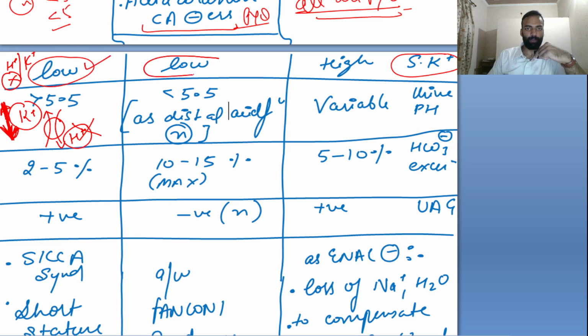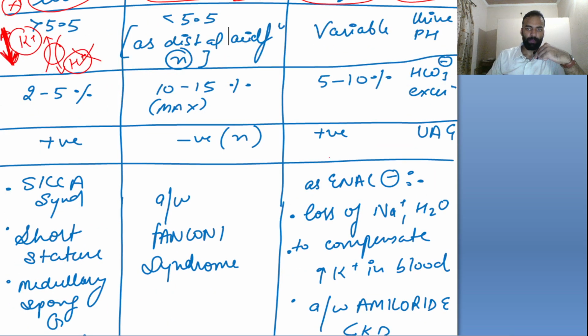And in type 2 also potassium is low. Why? Because it is a reabsorption defect, complete reabsorption defect. And in type 4 there is potassium high. Why is potassium high? Because the ENaC channel is defective, or there is resistance at ENaC level. So what will happen? There is loss of sodium, there is loss of water.